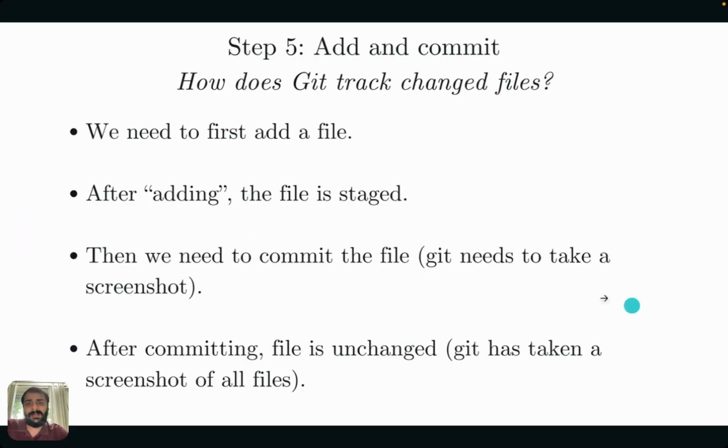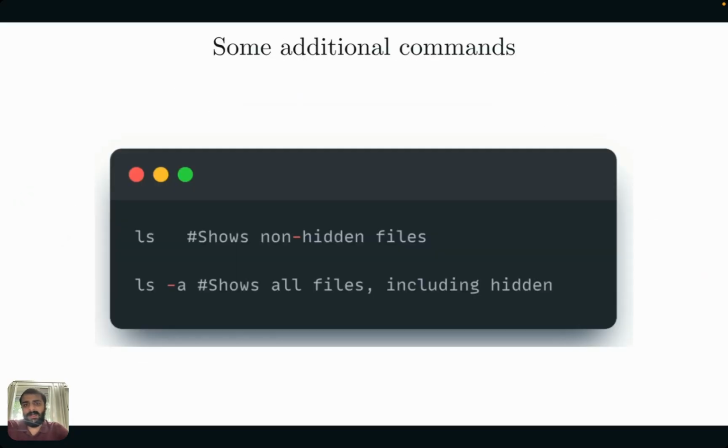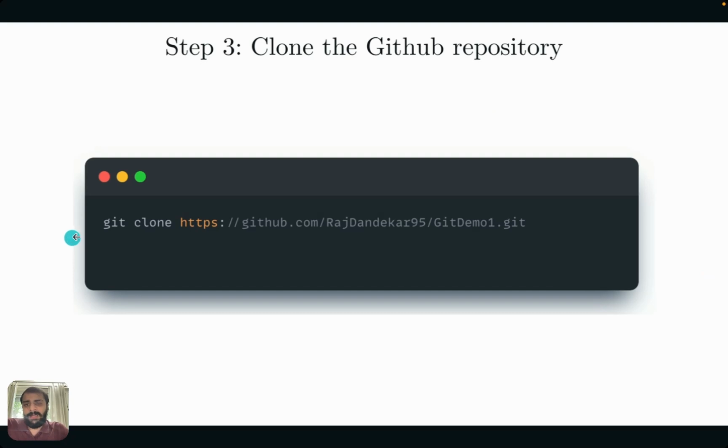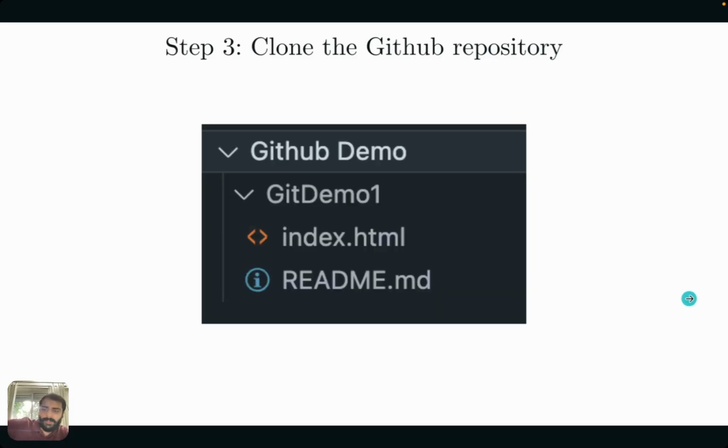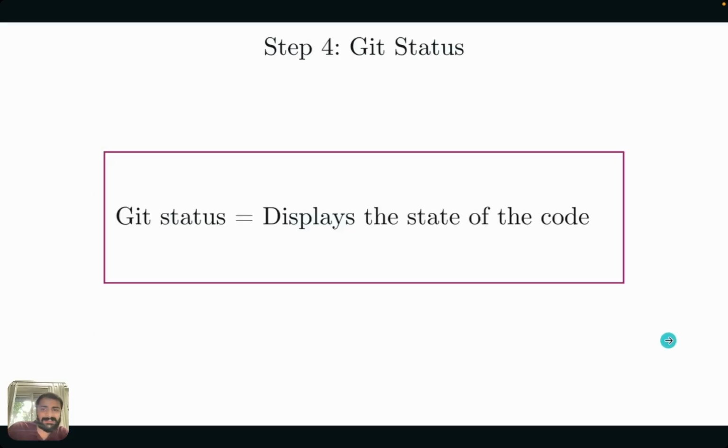We'll see about that. But this naturally brings us to the next step, which is learning about the add and the commit commands. Let's recap whatever we have learned up till now. Until now, we have learned about the git clone command, which basically brings the repository from remote to the local. Then we learned about the ls, and ls dash a, which shows the hidden files.